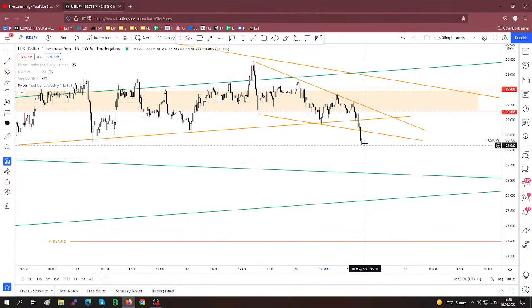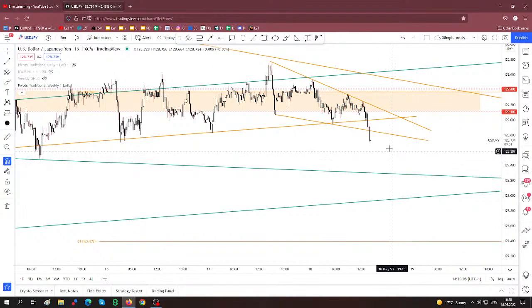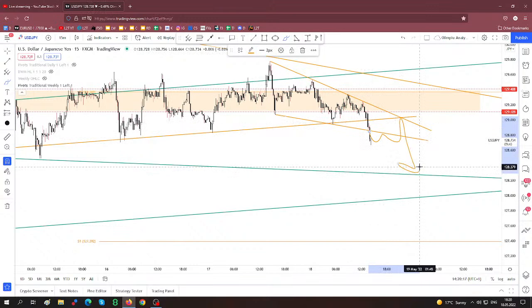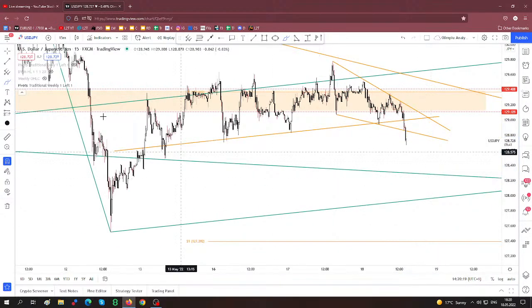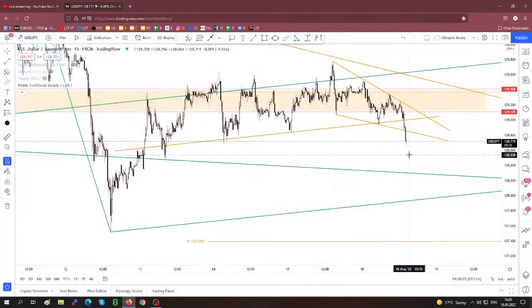Maybe I'll wait, and if the price maybe will come back to retest these, maybe I will have a new short opportunity here in US dollar versus the Japanese yen, because I don't want to sell it right now. Maybe it's too late.